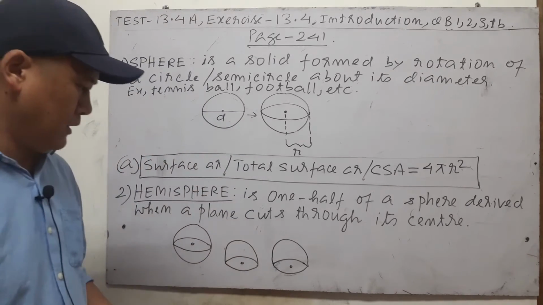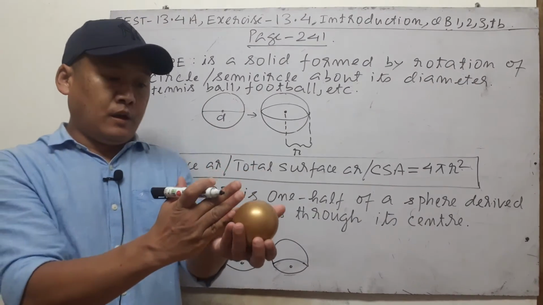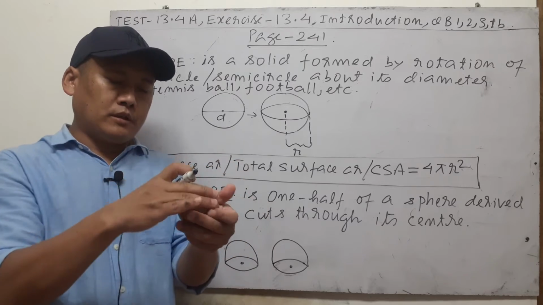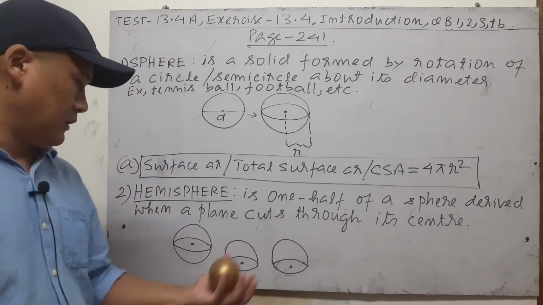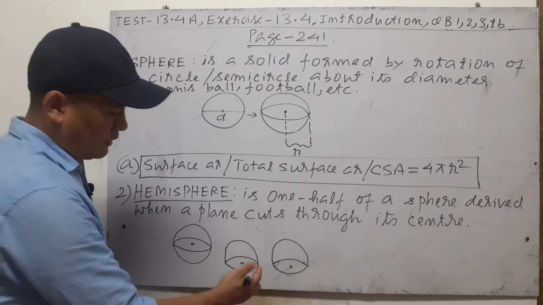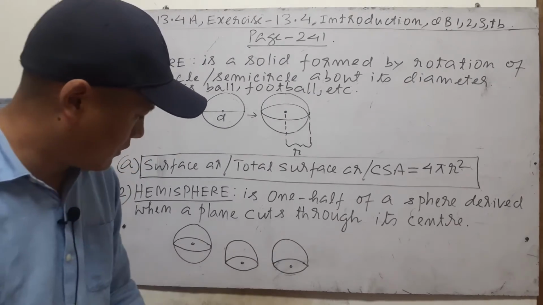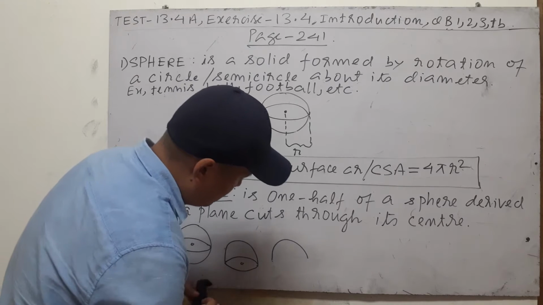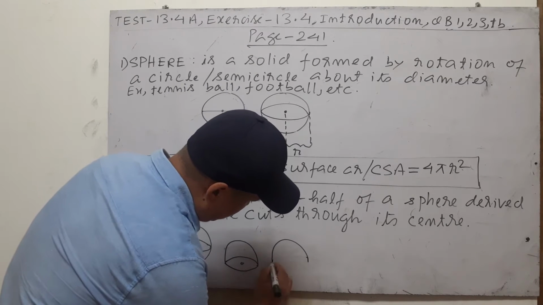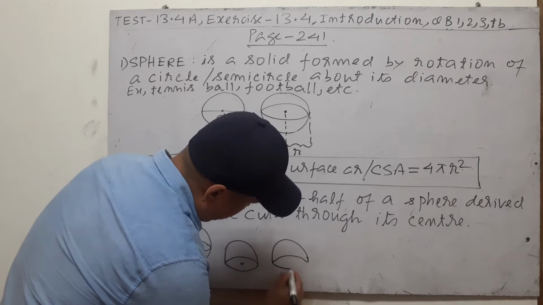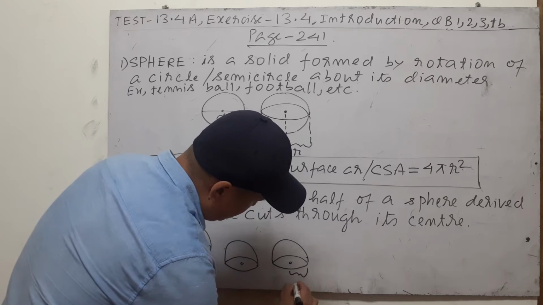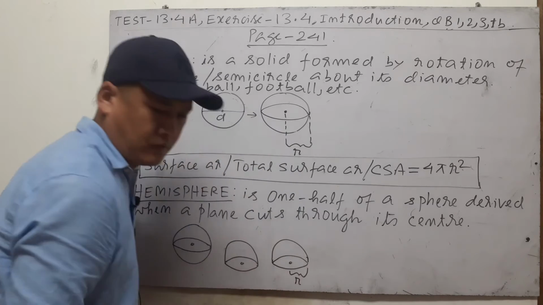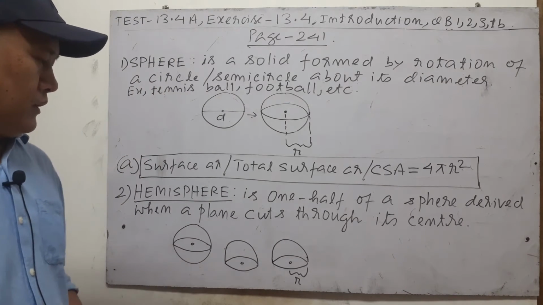So when you cut, like cutting an apple, exactly through the middle of the center of the sphere with a knife, you get two pieces, and each piece is called a hemisphere. So here you can see that from the center to here is called the radius.